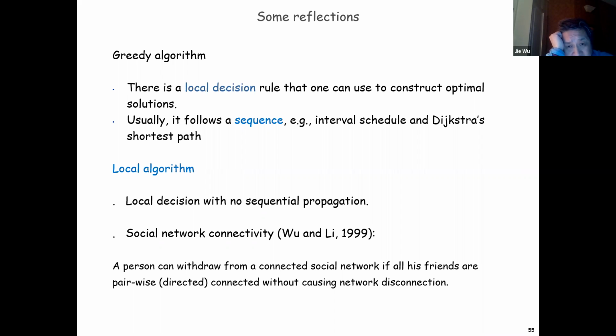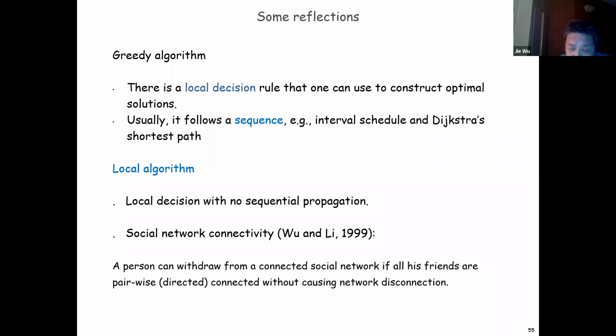Even for the Dijkstra algorithm, you have a sequence. You build a tree, you grow a little bit. But be careful, this one is still different from another set of algorithms, although it's not in the scope of this class. It's called the local algorithm. In the greedy algorithm, you still use a local decision, but the decision result propagates from one side to another.